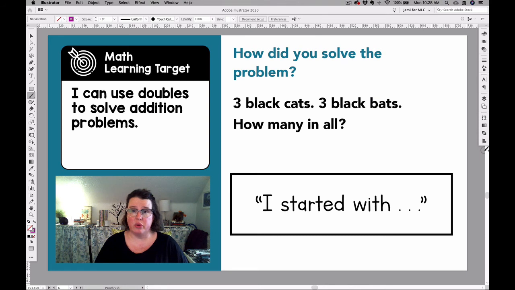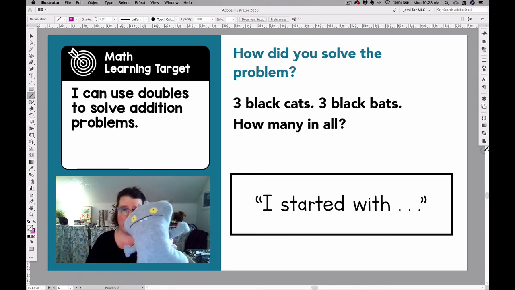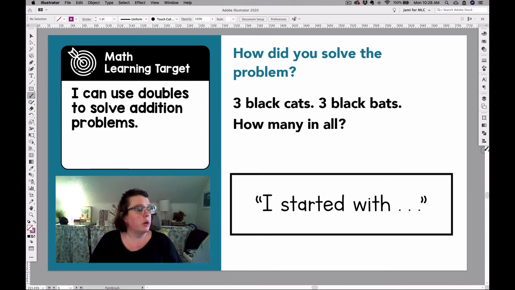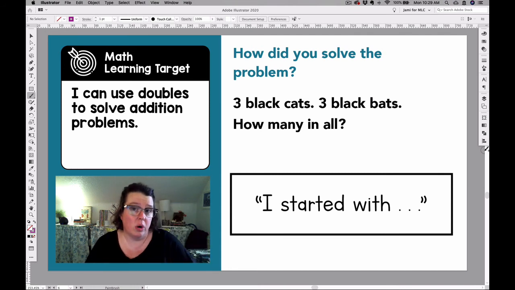If you're not sitting with a grown-up, you can grab a friend to talk to. I always have Babbo nearby. Babbo, when I started this problem, I started with, I can't tell you, I want to hear what you started with. But you can always talk to a friend, or you can record yourself in Seesaw telling me how you started the problem, because I would love to hear that.